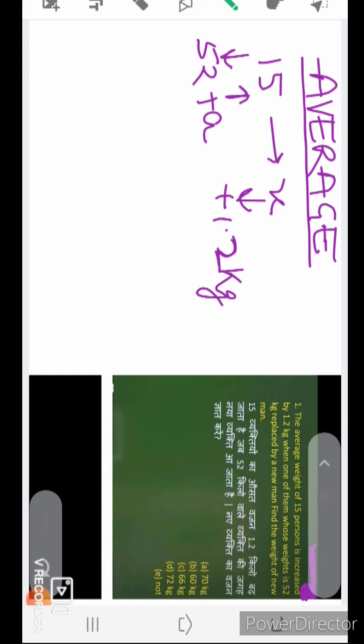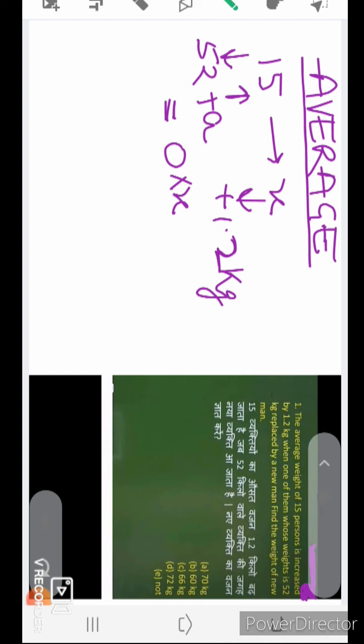Now apply your cross multiplication method. First solve the right hand side of the equals sign, then we will discuss the left hand side. On the right hand side, I have told you that this inclusion and exclusion make it 0. 0 into x is 0, and again, there is not any concept of sign, so there is no use of sign in one exclusion and one inclusion. Let's take a sign here for our convenience.